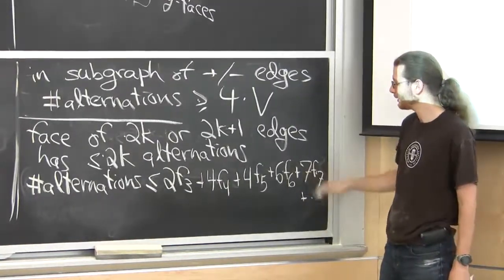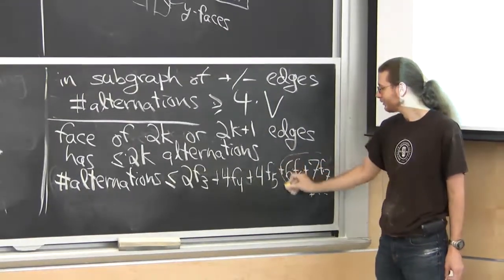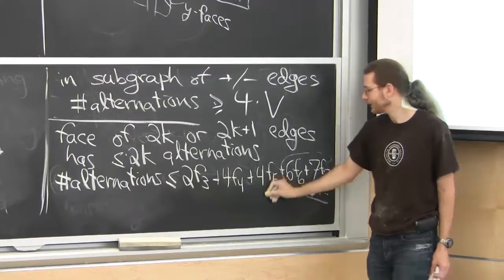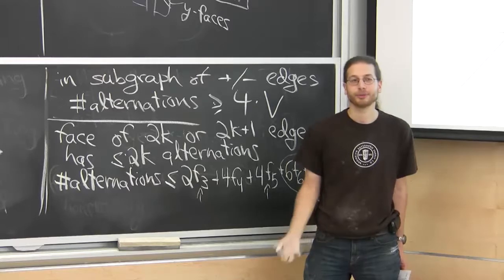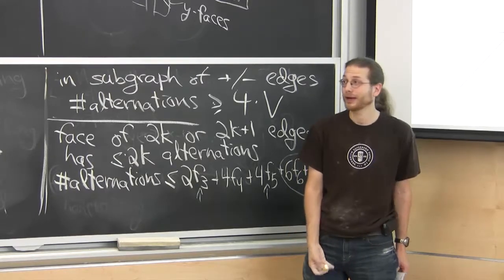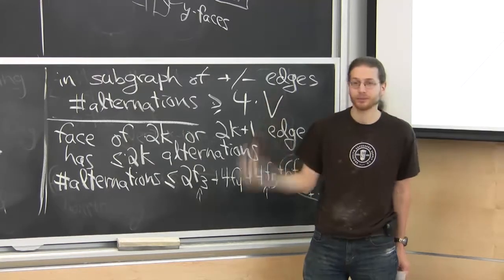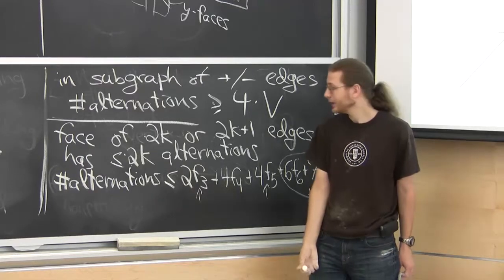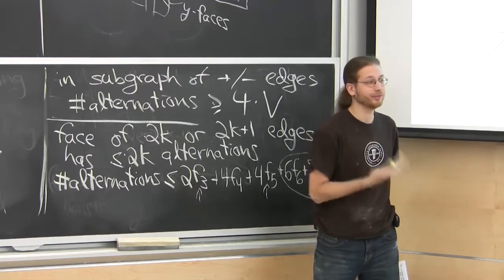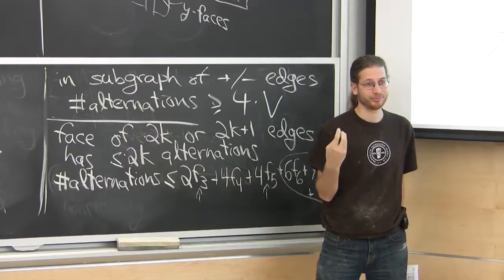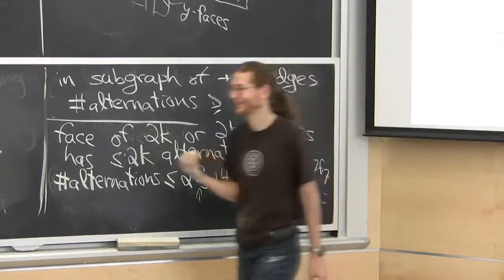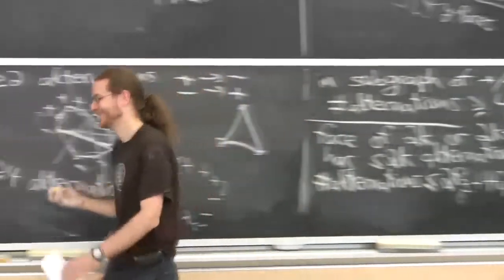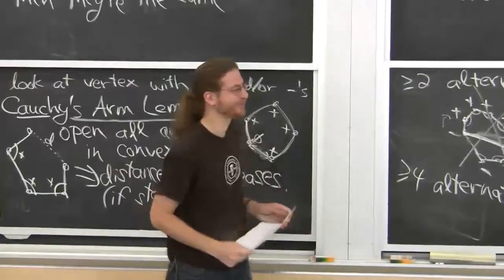I'm not going to try to be clever from 6 on, but I'm going to be clever at 5 and 3. Why 5 and 3? Because you may remember from way back when you have a planar graph, because polyhedra are planar graphs, they're convex. The average degree is 5, slightly under 6, one of the 4, 3, 2, 1, one of those numbers.